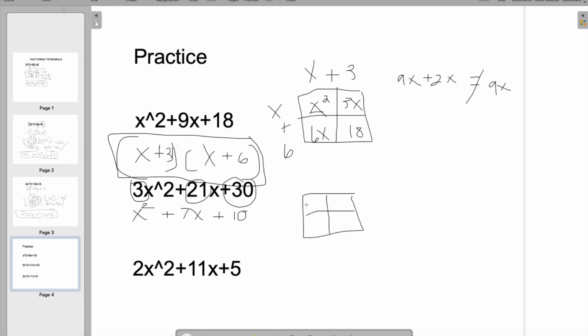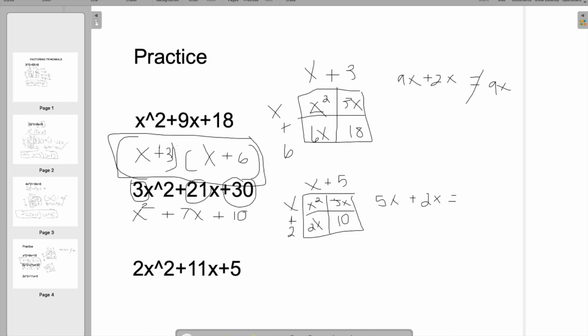It's much quicker than just putting 3x squared in the box. So x squared on the top box, 10 on the bottom box. So x times x is x squared plus 5 and 2 were the first factors I tried out for 10. Let's see if it works. So 2x and 5 times x is 5x. Okay. So 5x plus 2x is 7x.